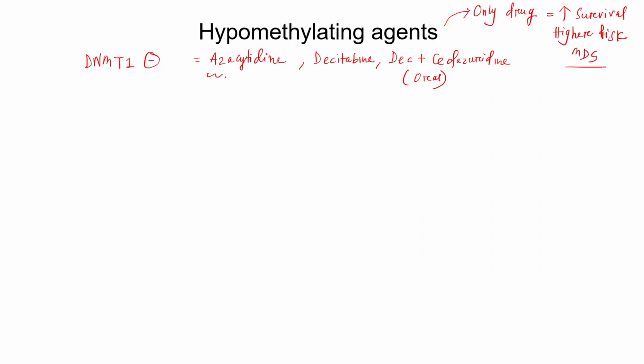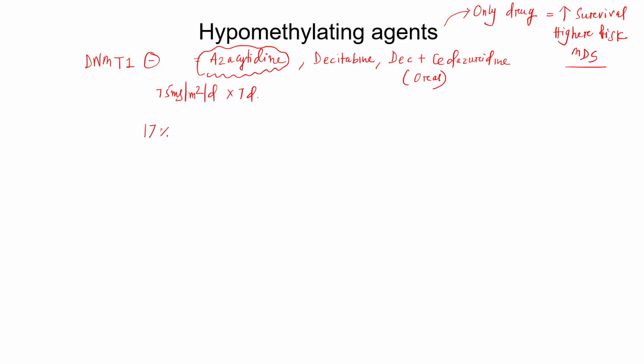The most important one is azacitidine, which has shown the maximum response. So azacitidine can be used either subcutaneously or as IV. The dose is 75 mg per meter square per day for 7 days. This is one cycle. Like this, you can give monthly cycles, and the response that is seen with these drugs is around 17%.